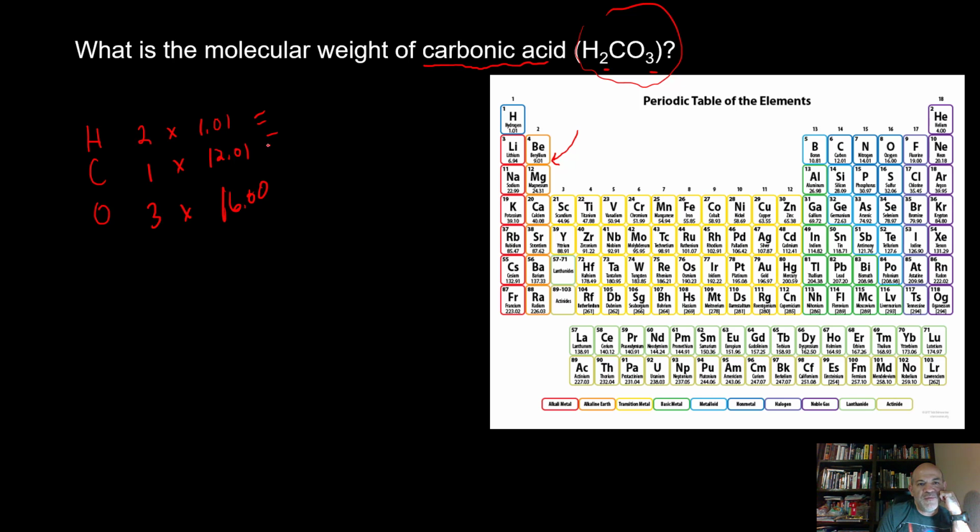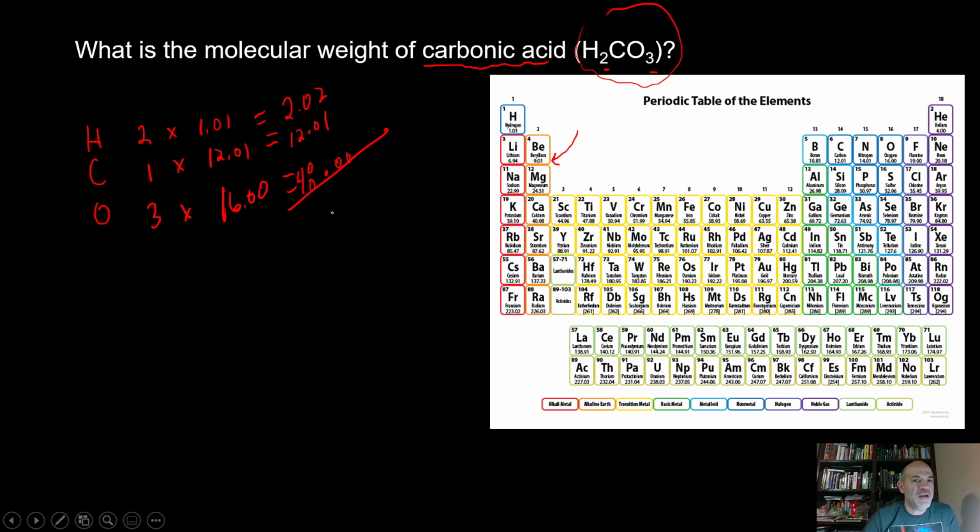And now what we do is multiply. 2 times 1.01 is going to be 2.02, and 1 times 12.01 is 12.01. And then 16 times 3, 6, 12, 18, carry the 1, 48, right? So then what you do is you add up everything there. Sometimes that calculator will be handy.